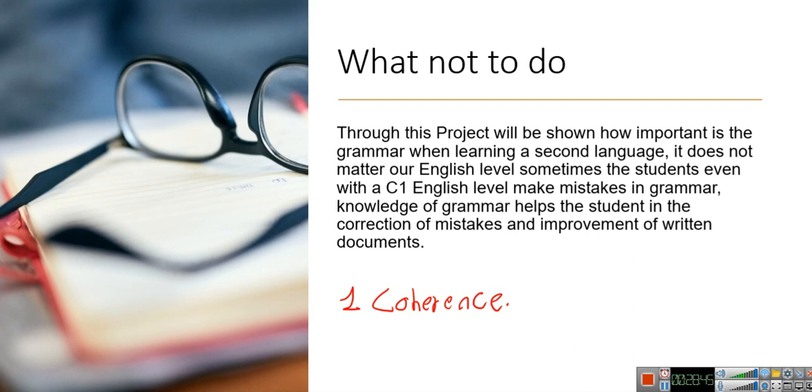Other mistake: the sentence doesn't have a sense. I don't have it because he doesn't explain very well. So he says something like student with the at C1 English level. I don't know, I think that is not.